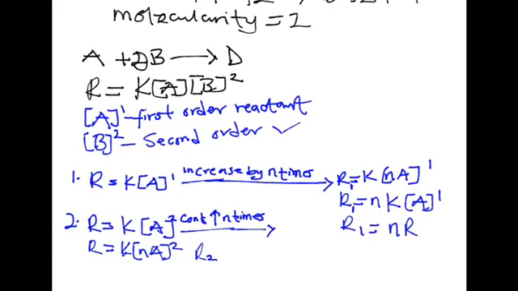Our R2 is going to be n to the power 2. So when we have R2 equal to n squared K[A] to the power 2, we can see that our R2 is equal to n squared R, because we know that our R is equal to K[A] to the power 2. So this simply means that our R2 is equal to n squared R.